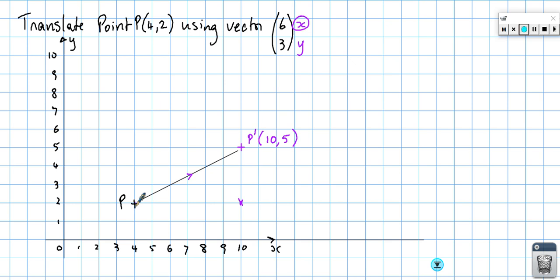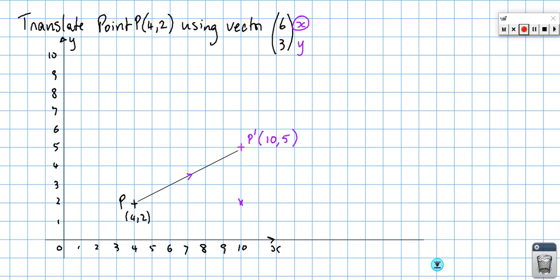Now, normally we're going to have shapes, triangles, quadrilaterals, any other shape which we would need to translate. But let's see what's happened here. Our coordinates were 4,2. That was our original shape. It ended up as 10, 5. Is there a short way how to find that point? If we notice x and x, 4 and 6, 10. 2 and 3 make 5.